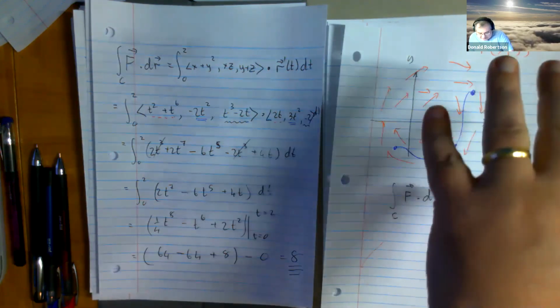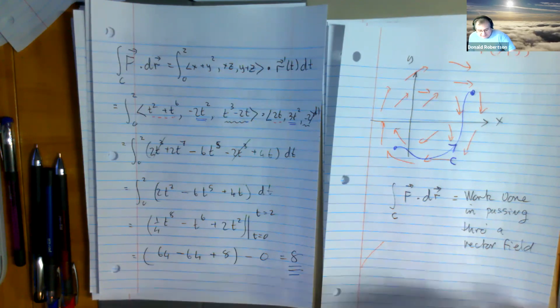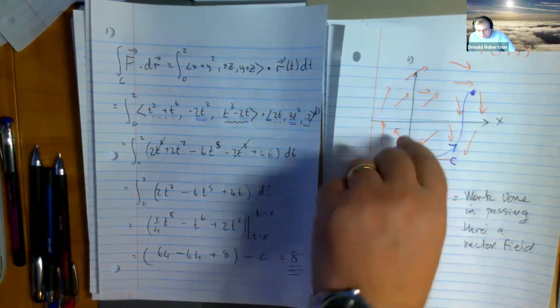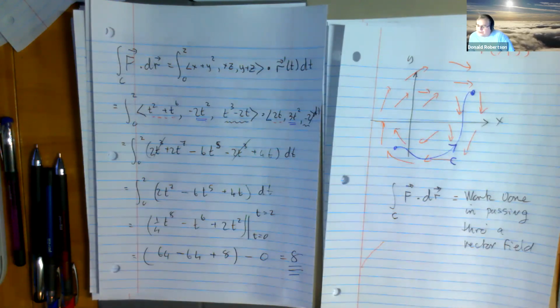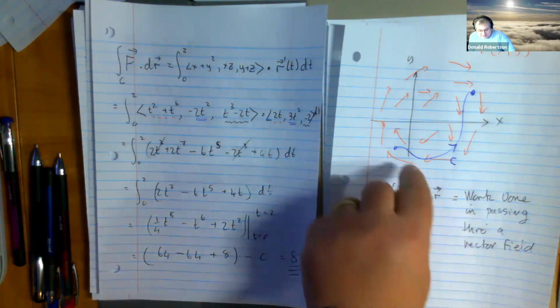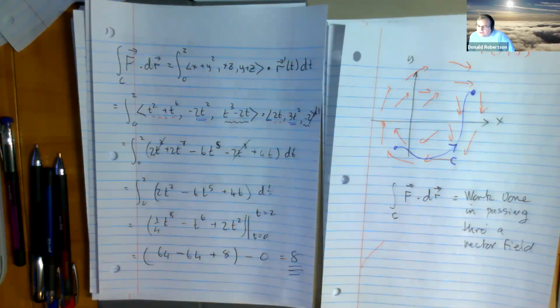Now, that vector field could represent almost any kind of field that you could come across. Couldn't it be a magnetic field? And this is the pathway of a small ball bearing traveling through a magnetic field. And how much work would be done in going from here, traveling along that curve and getting to here. And the work done could be 0, it could be positive, or it could be negative.